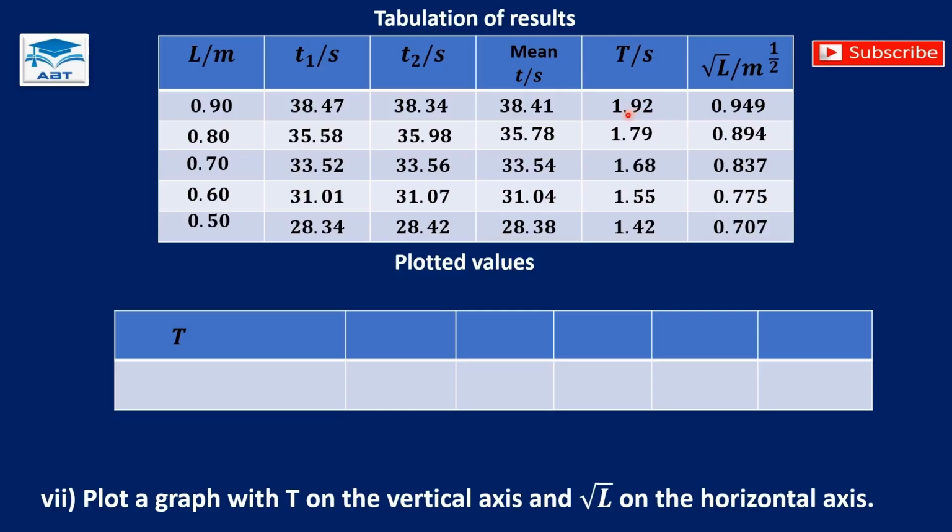So we are going to move the decimal point 1, 2 to the right and record this as 192 times 10 exponent negative 2, and the unit is seconds, times 10 exponent negative 2, because we move the point twice to the right.